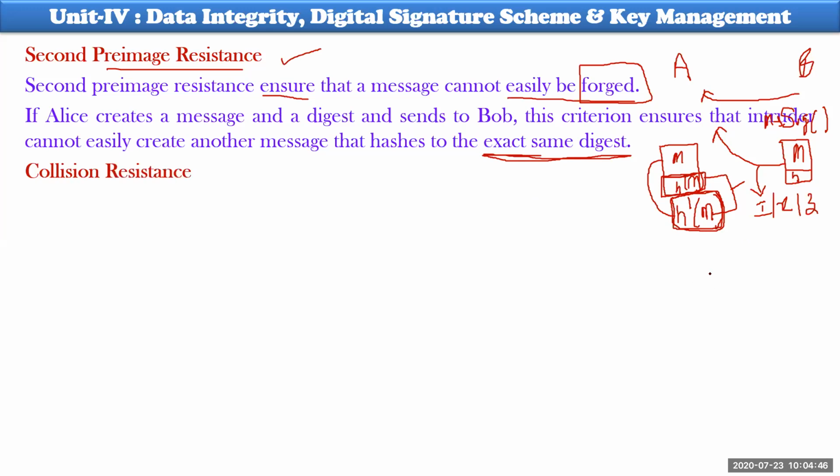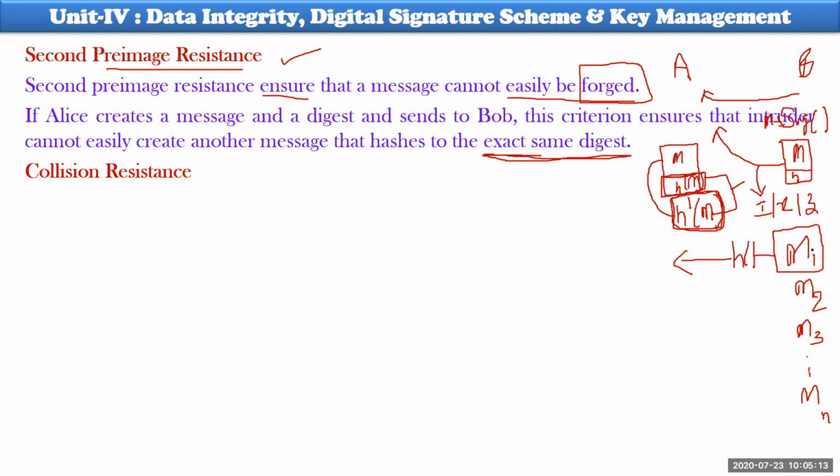Let us consider Alice and Bob only. Bob has message 1, message 2, message 3, and so on, several different kinds of messages, not exactly the same. He wants to communicate these messages to Alice, so he prepares a hash of each one and sends it to Alice.